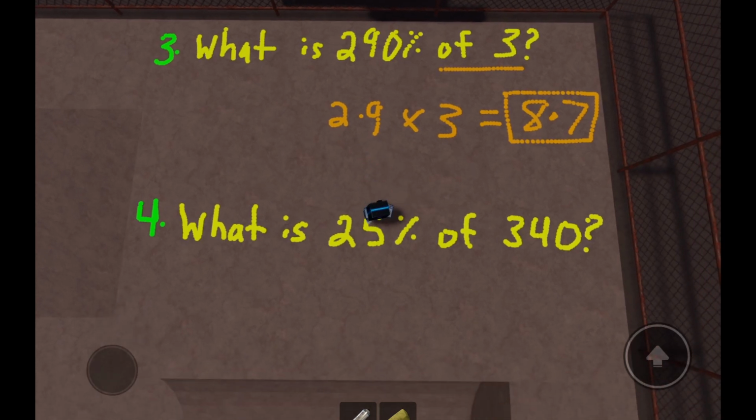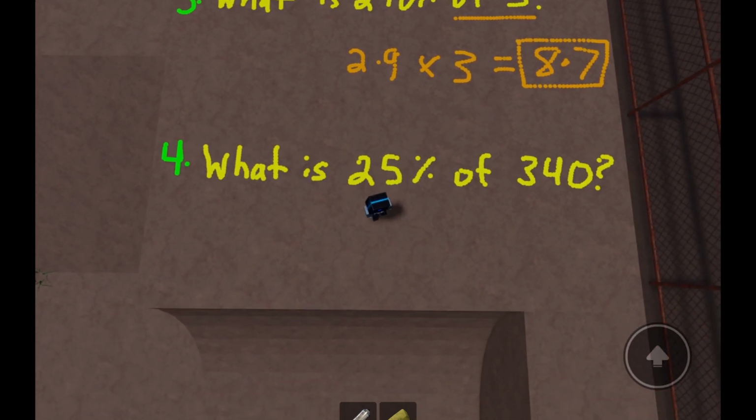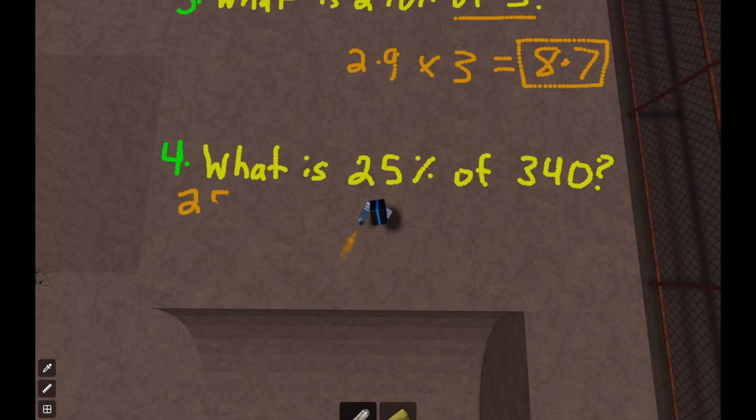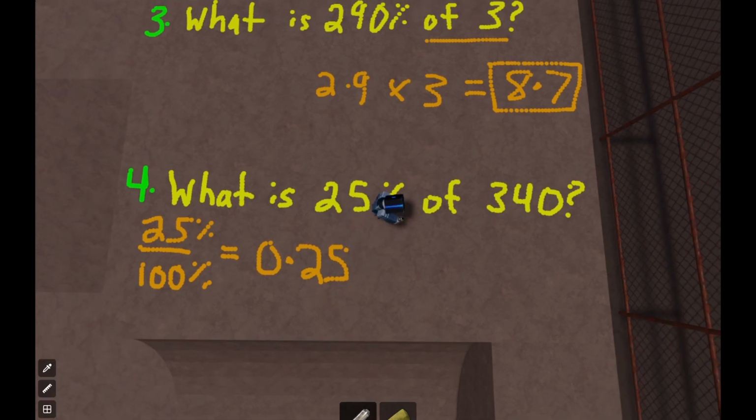Let's try this one on the bottom. It says, what is 25% of 340? To do this, once again, just set up the percent to decimal conversion by dividing by 100%. And then this will get you 0.25. And then now, all you need to do is just multiply by that number.